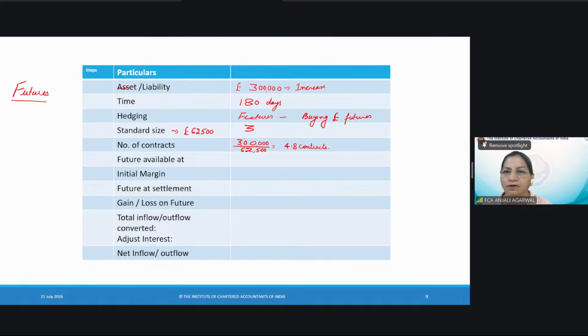You cannot have a fractional contract, which means you must round it off to 5 contracts.